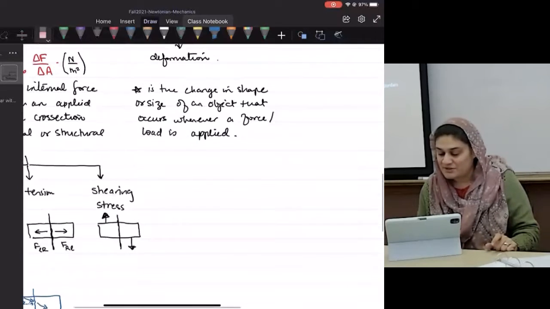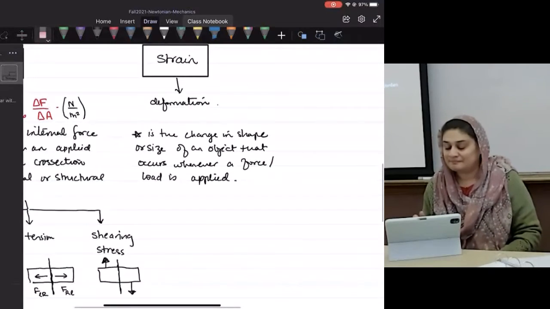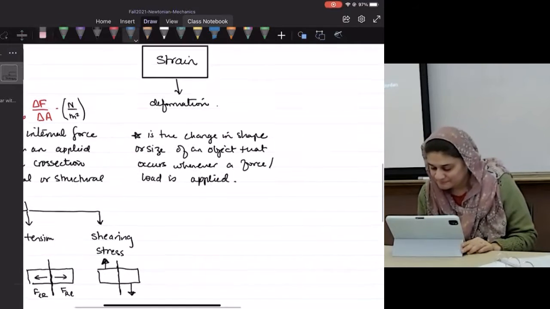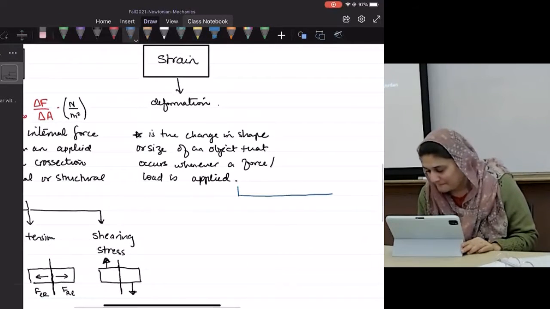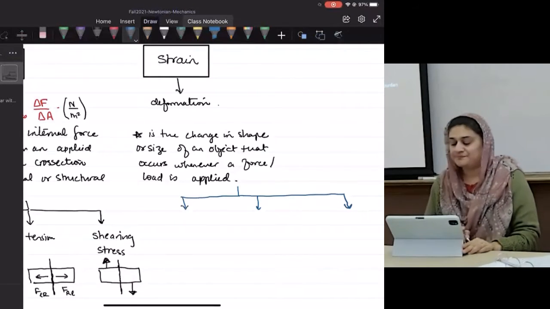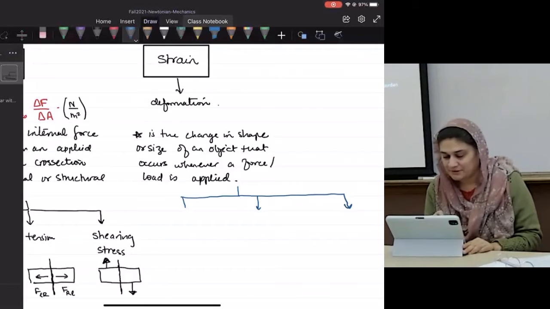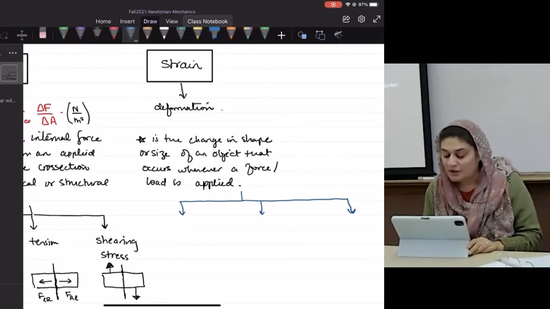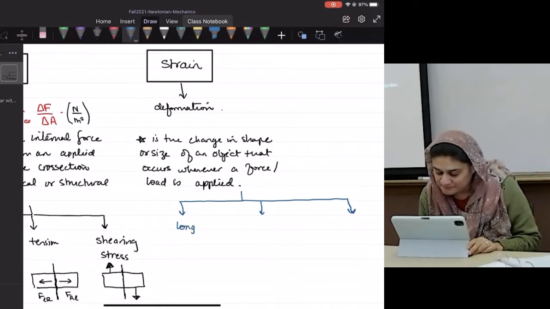Same thing with strains. You could have 3 different kinds. Ready for them? The first one is called longitudinal.